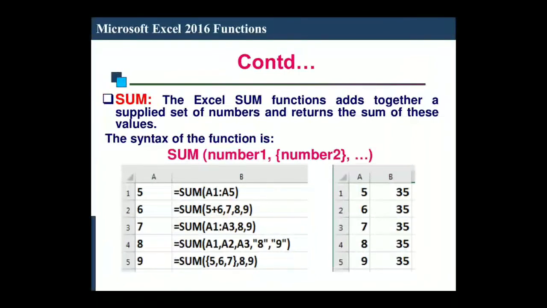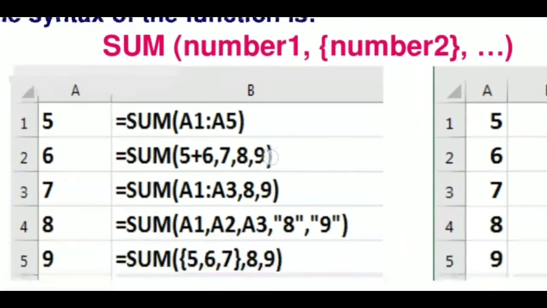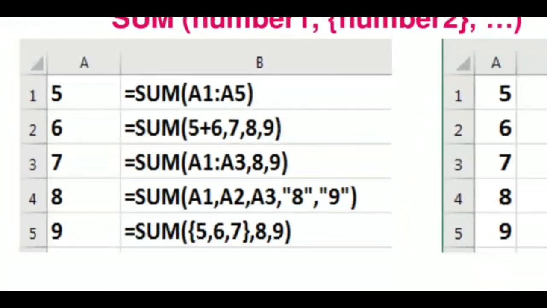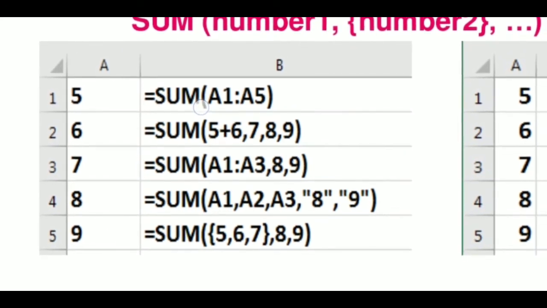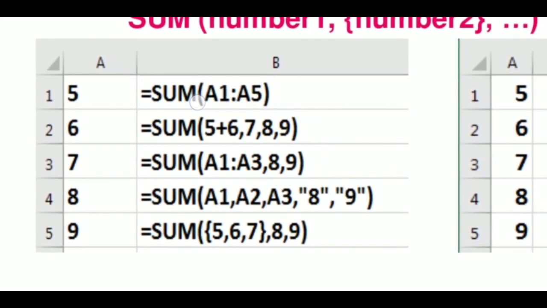Here sum function, as we have discussed in starting, sum function is used to calculate the sum of values. So we can use sum function in different ways. For example, we have a range from here A1 to A5, and we can supply this range in this function. So we can write it equal to SUM A1 comma A5, then press enter key.